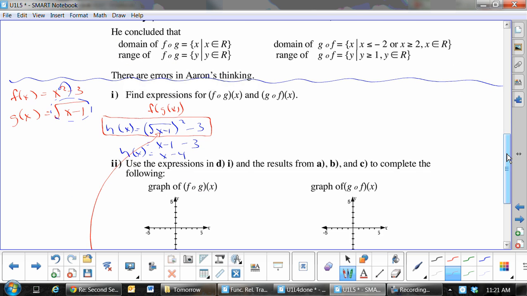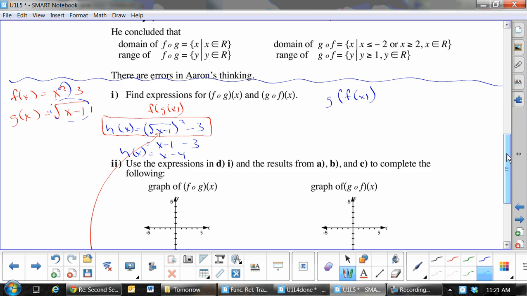Let's do g of f of x. Again, the way I think about it, g of f of x, f of x is inside g of x. Okay, so what's that going to look like?